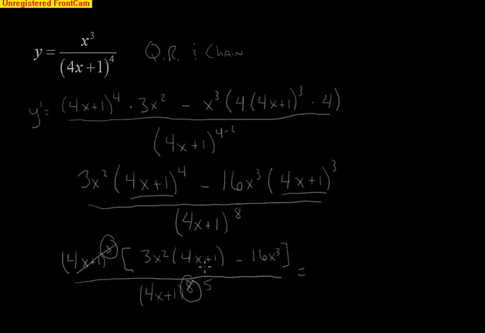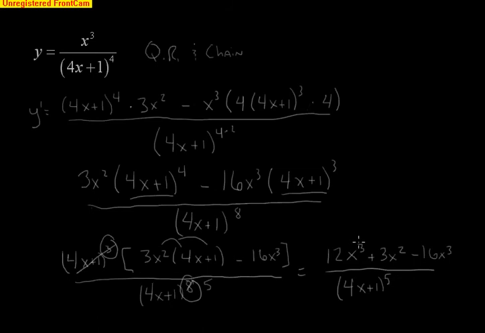And we can combine some like terms in here, knowing that if we distribute, we're going to wind up with 12x cubed plus 3x squared minus 16x cubed all over 4x plus 1 to the 5th.